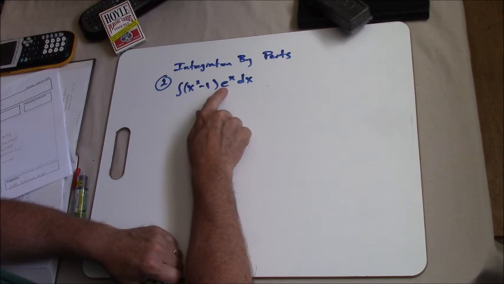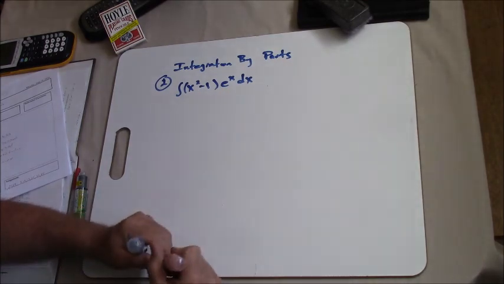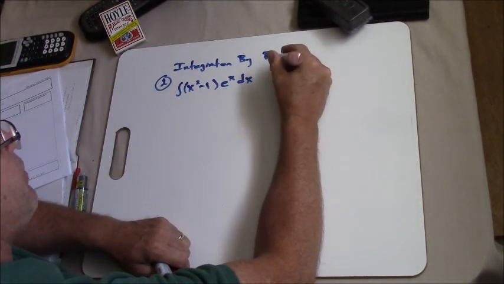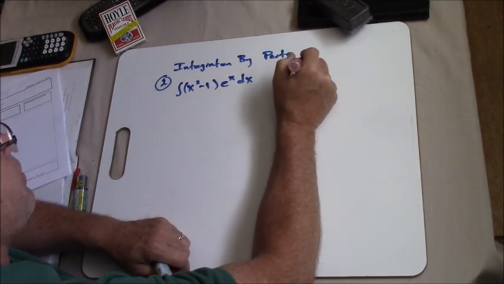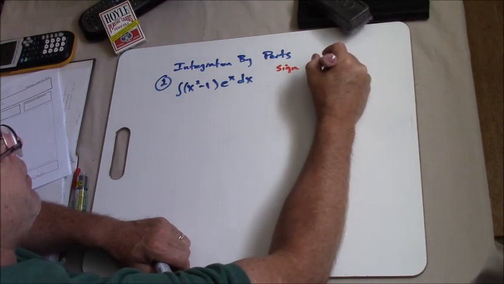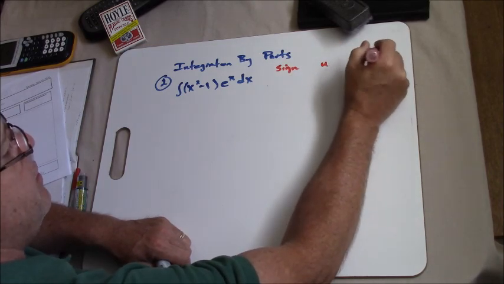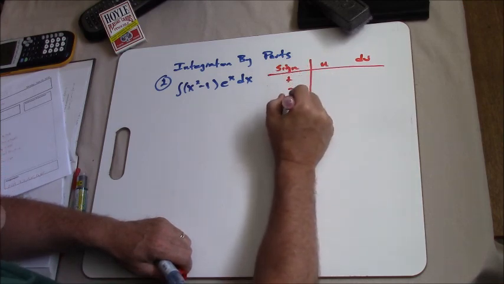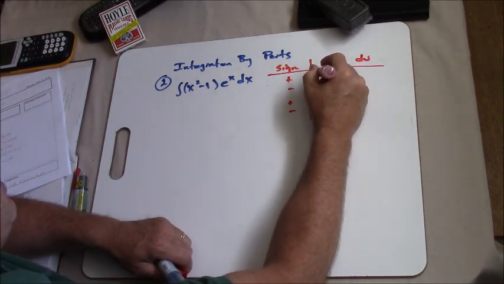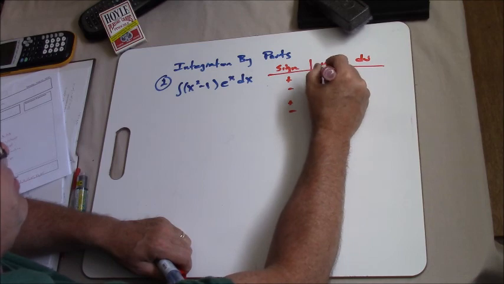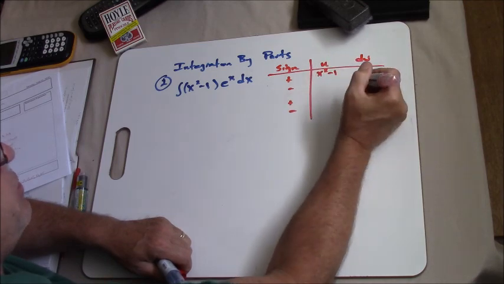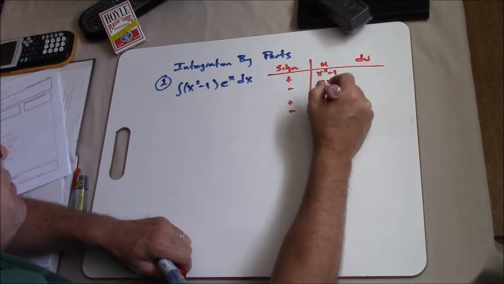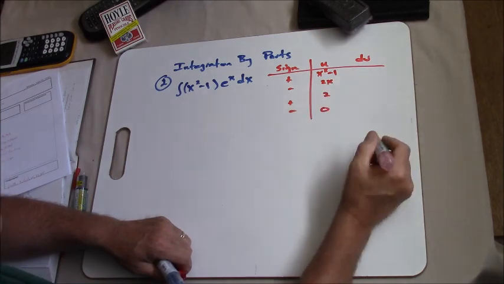Remember, anytime you see e to the x or sines or cosines, that's usually a good time to use the tabular method. So I've got the sign, I've got my u value, I've got my dv. Go plus, minus. u is something that's easy to differentiate, and it gets simpler. So that would be 2x, and then 2, and then 0.